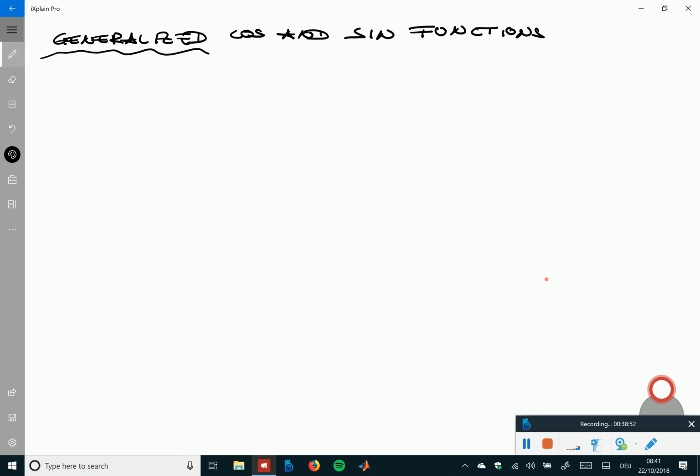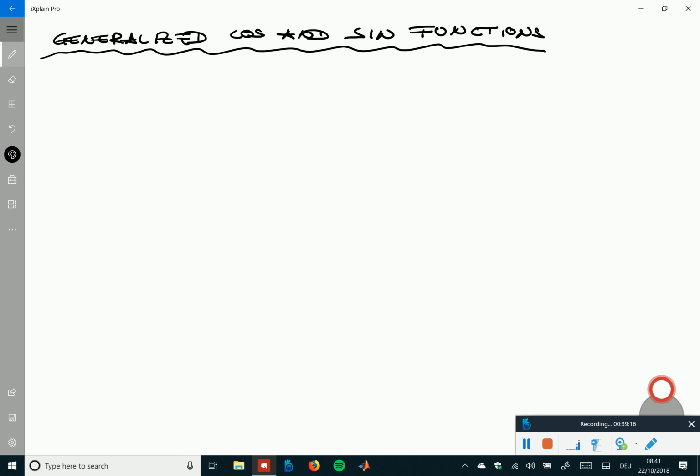What we discussed above are the cosine and the sine function. The cosine and the sine function always, in their values, vary between -1 and 1, always repeat themselves every 2 pi, and for the cosine start at 1 for 0, and for the sine start at 0 for 0.